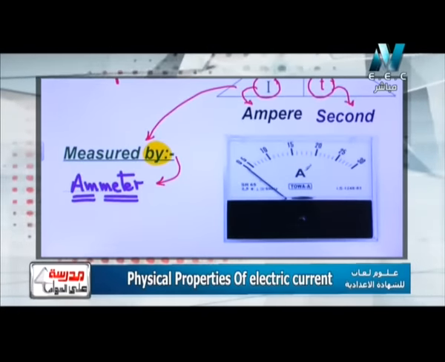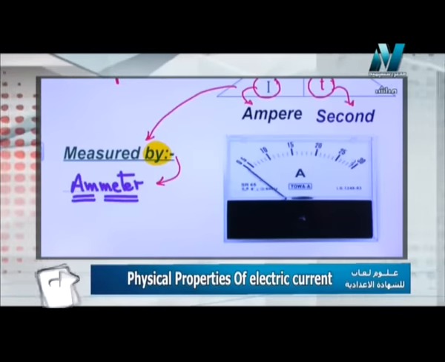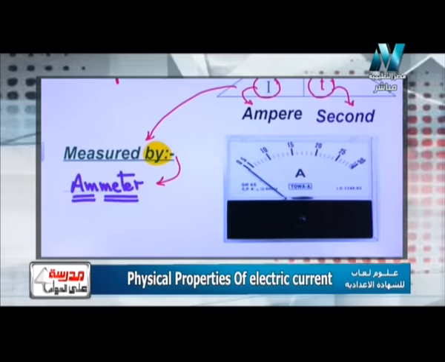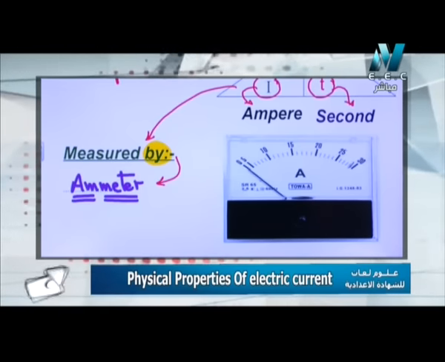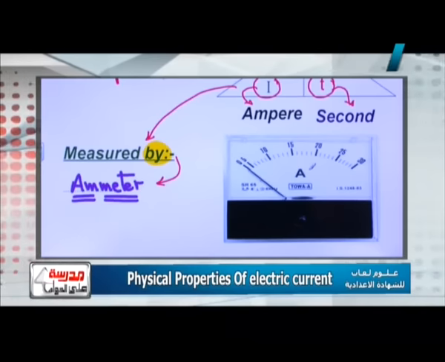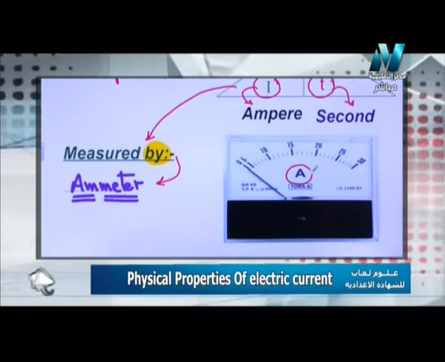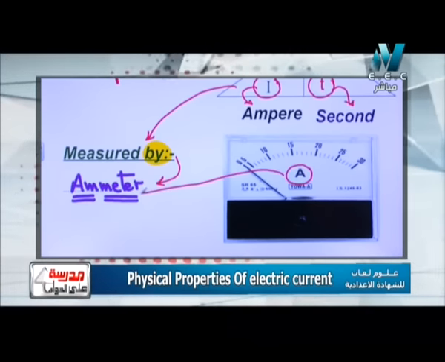We have a pointer to show the quantity of electric current intensity, and the symbol of this device is A.